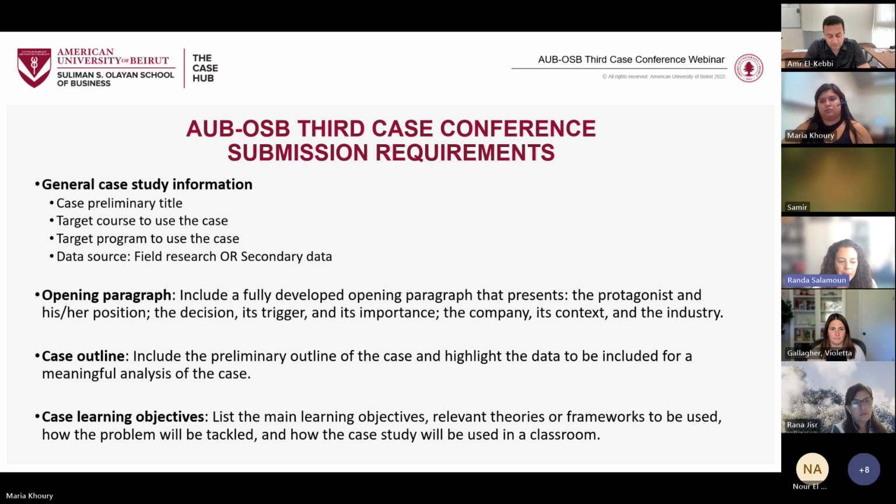And the case idea is very simple. It's about a page, 2 pages max, that allow you to really reflect on what case you want to submit and provide us with some preliminary components. So it's really like a case proposal. First of all, we need the case preliminary title, the target course to use the case.